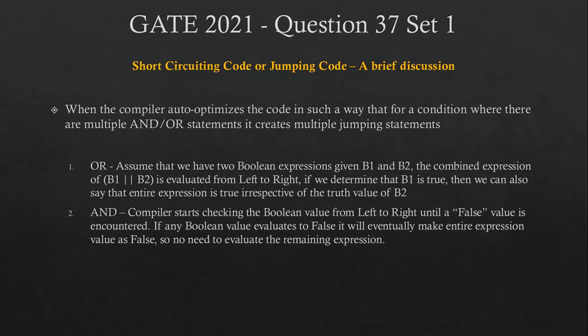So when we have two Boolean expressions joined with OR, if we determine that the first Boolean expression is true, then we can also determine that the value of the entire expression will be true. So the compiler need not run the second Boolean statement, in this case B2.